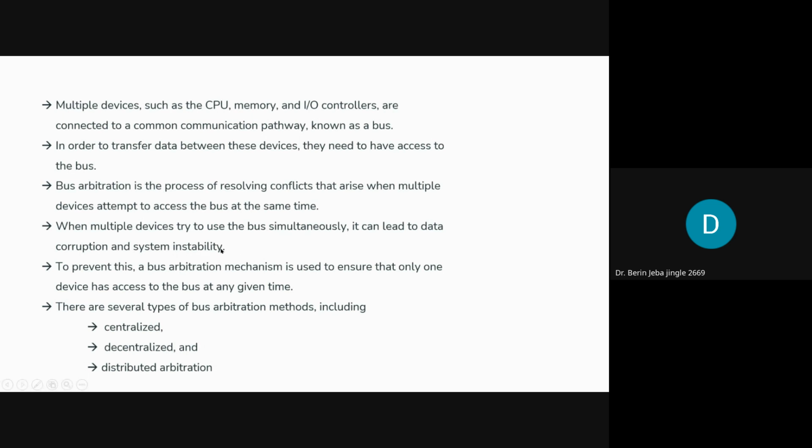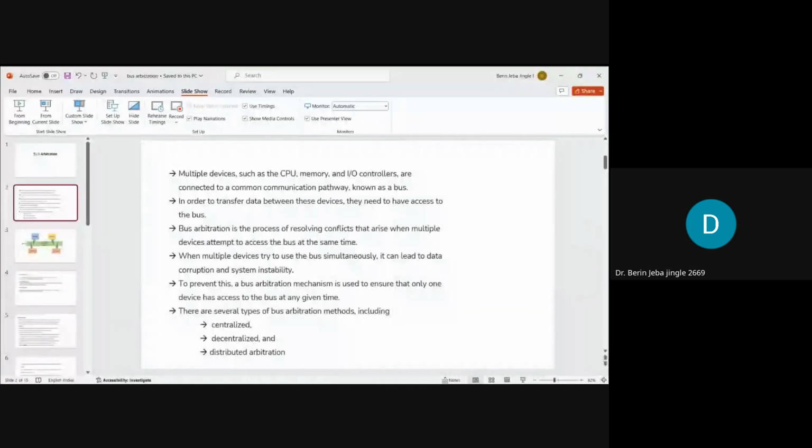So, my dear students, can you say now what is bus arbitration? Can anyone say what is bus arbitration?